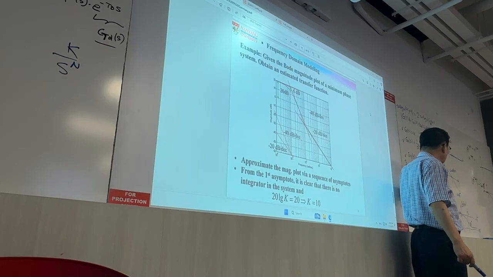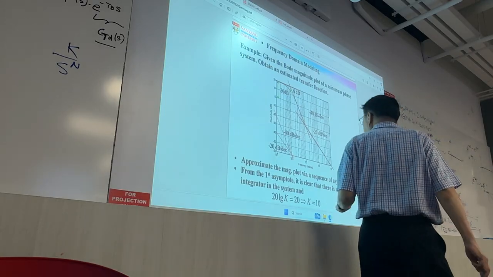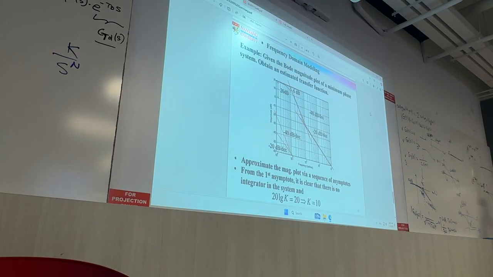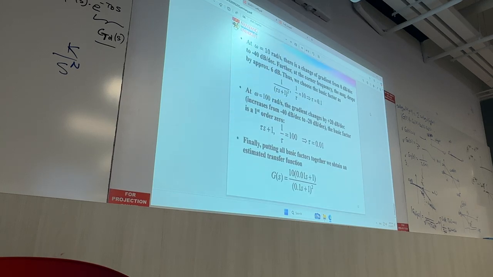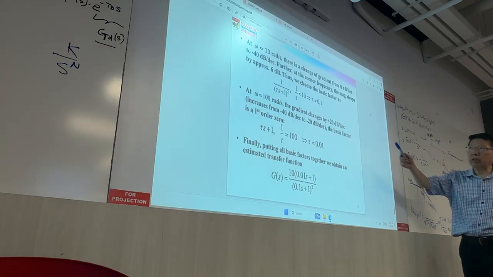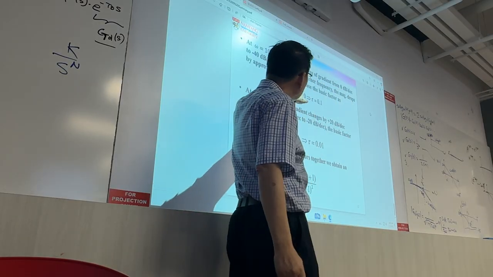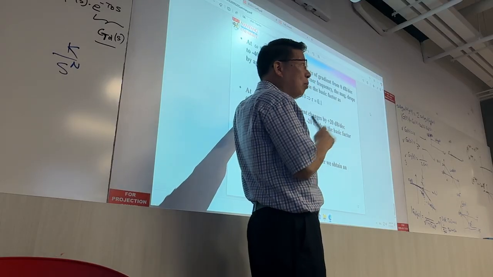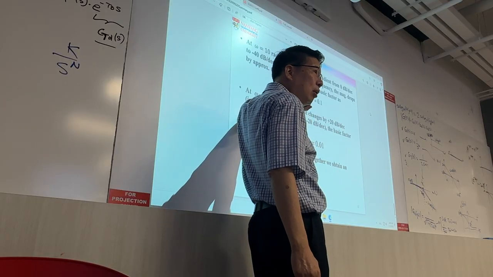You have 2 of them here, then it's going to be a minus 40 change. So here we assume that there are 2 basic factors with a corner frequency at 10. So we have 2 of them, because one gives us minus 20 dB per decade. 2 of them will give us minus 40 dB in total.